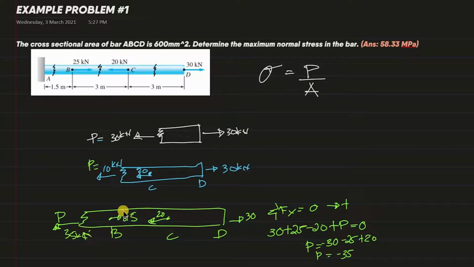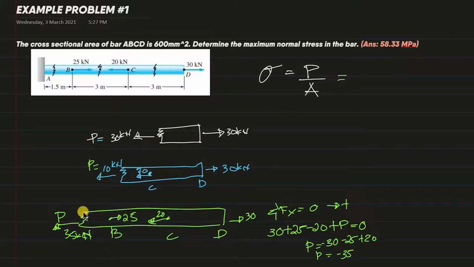Okay? Kilonewtons. So, the force P, the normal internal force in each cut section dito mga bis, dito 30, dito 10, dito 35. So, since dito sa section na to, pinakamataas yung ating force P, ibig sabihin, dito rin yung may pinakamalaking normal stress. Alright?